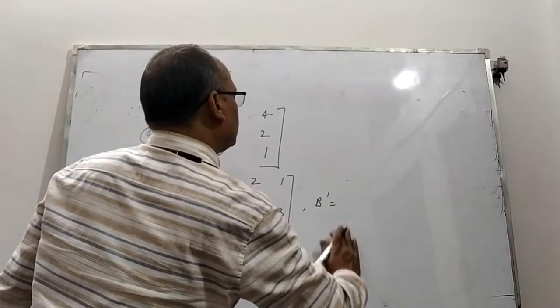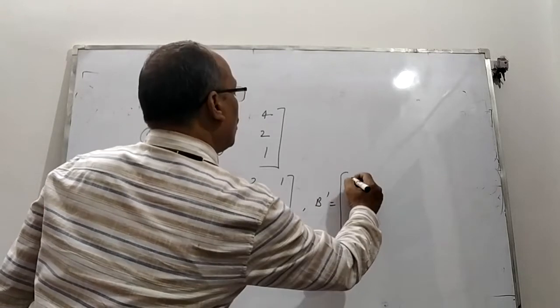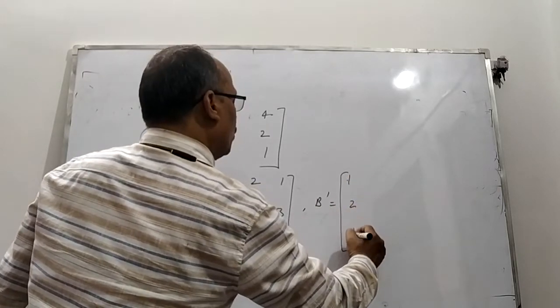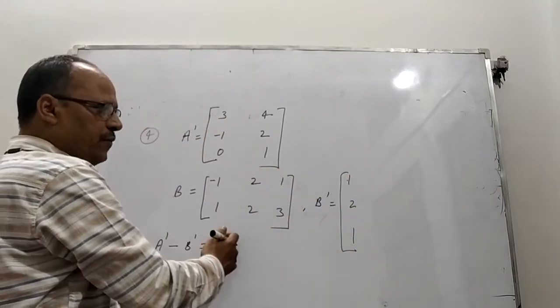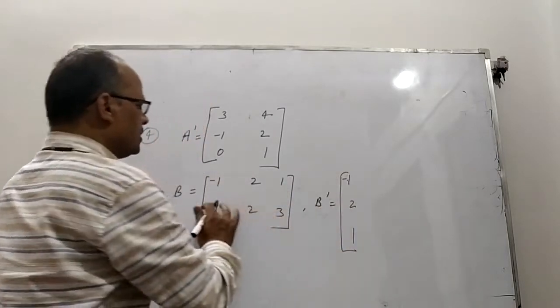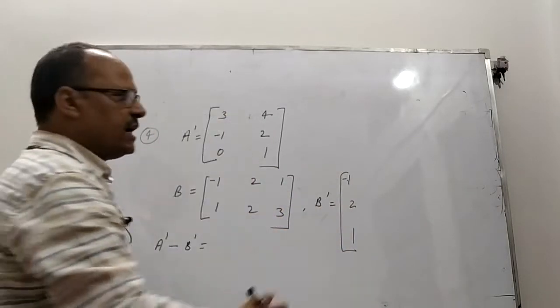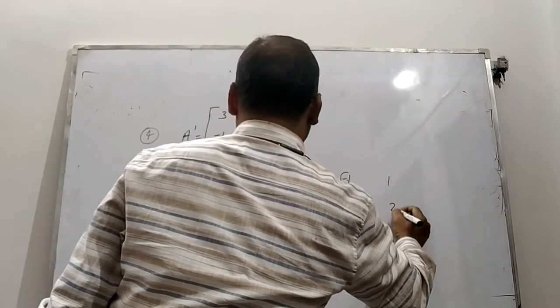1, 2, 1. First row will be changed into the first column. Second row will be changed into the second column. 1, 2, 3.